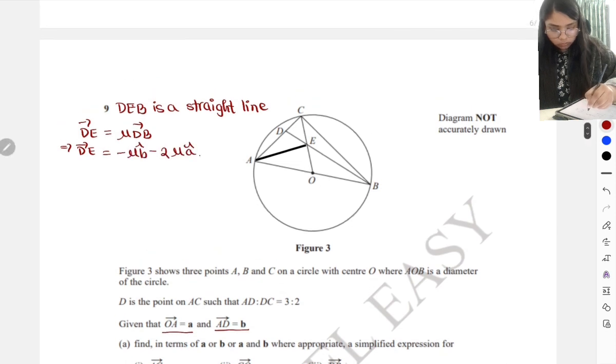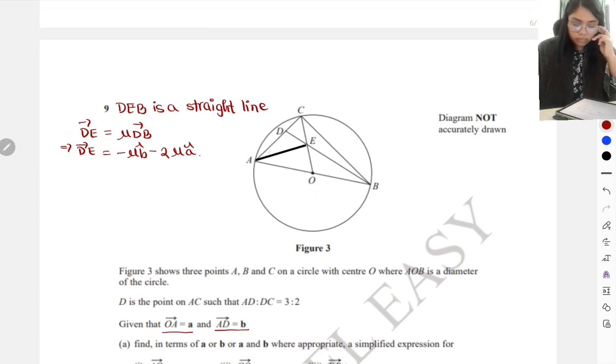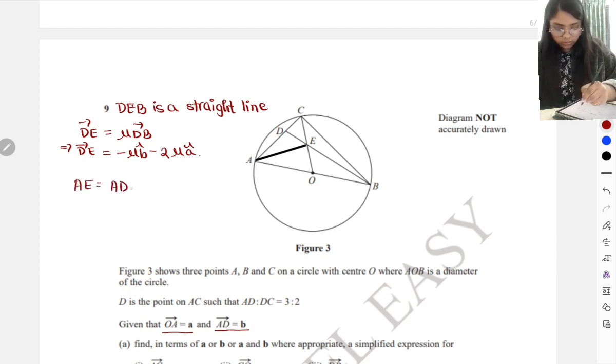right? And after this we can now find one expression for AE by connecting AD and DE together. So you have AE is equal to AD plus DE.